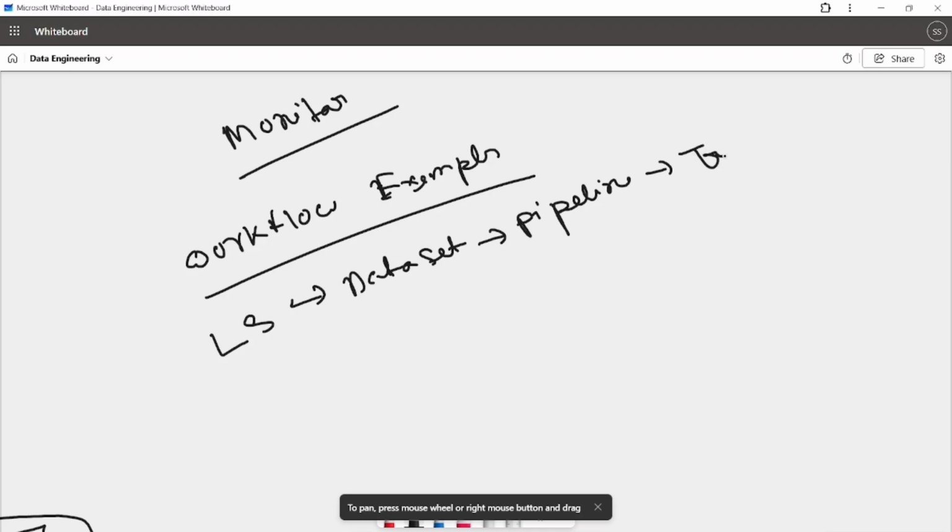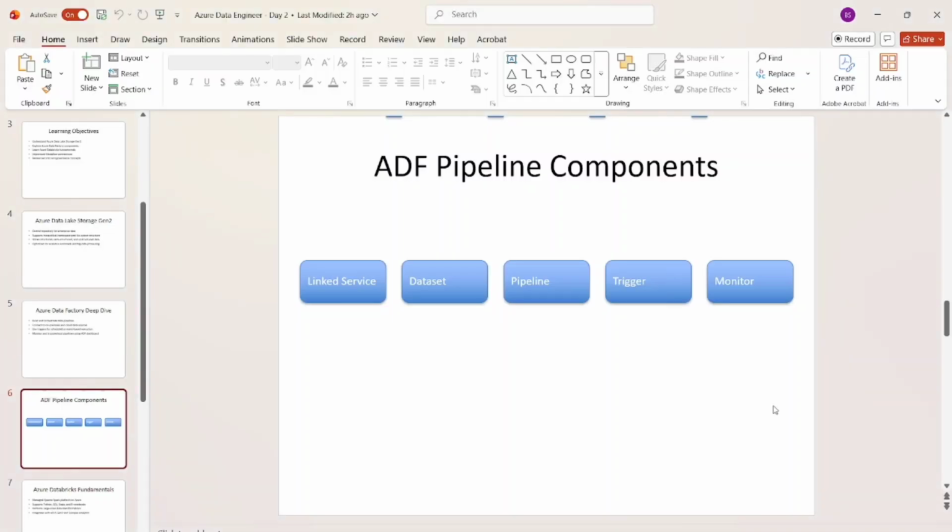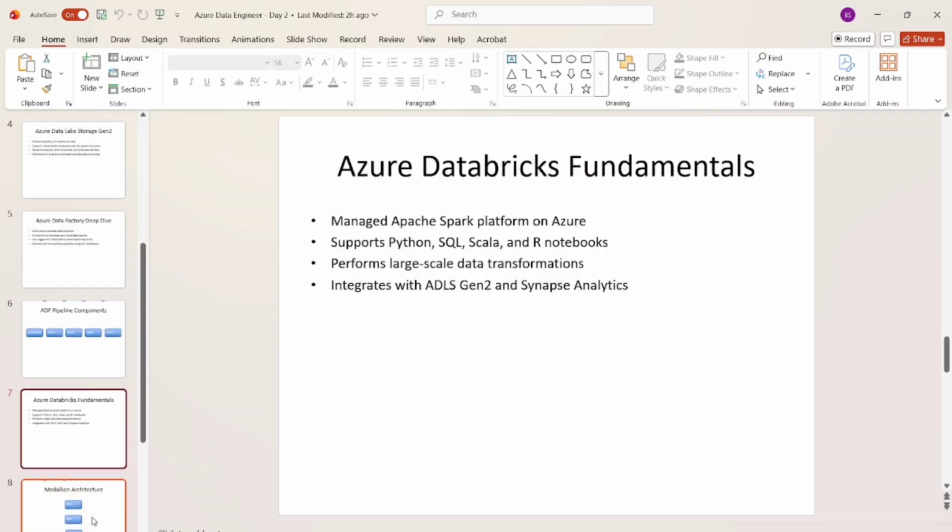Trigger, and next is monitor. So we have already discussed this one: linked services, dataset, pipeline, trigger and monitor. Okay, these are the very important things.